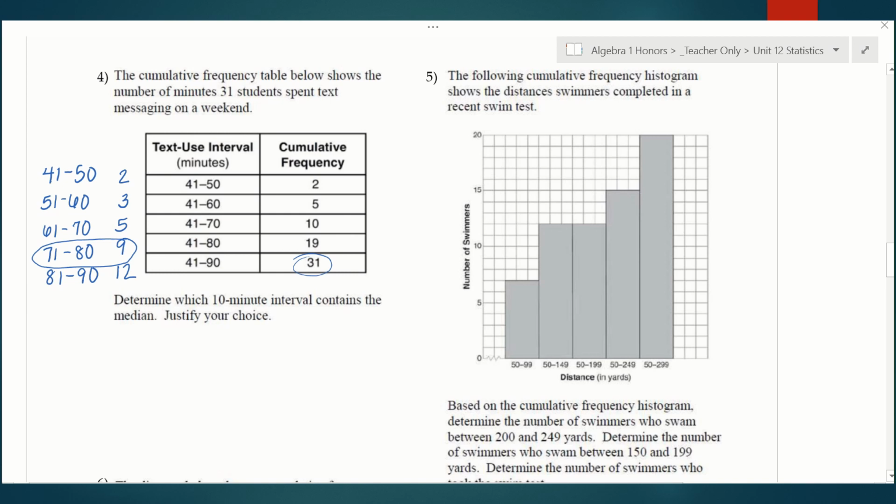So let's write this out. So I'm going to say if there were 31 students, the 16th student represents the median.